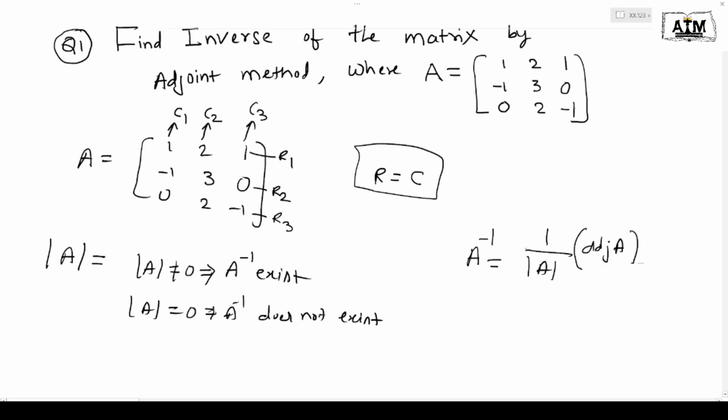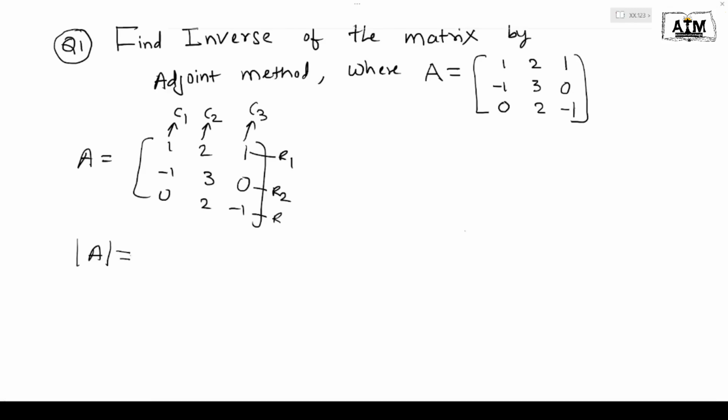And the second reason to find the determinant is A inverse equals 1 upon determinant A multiplied by adjoint A. So there are two reasons: first, to test whether the inverse of the matrix exists or not, and second, it is used in the formula of A inverse, that is A inverse equals 1 upon determinant of A multiplied by adjoint A.